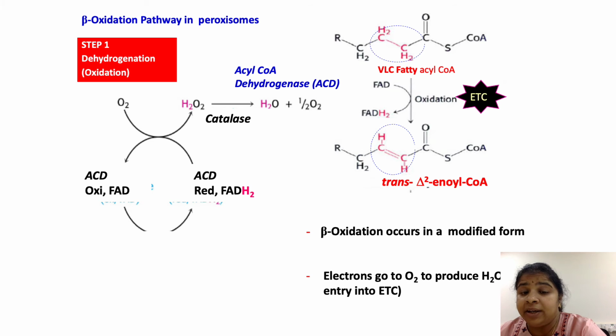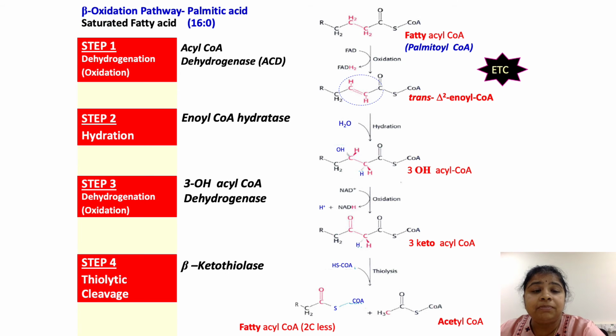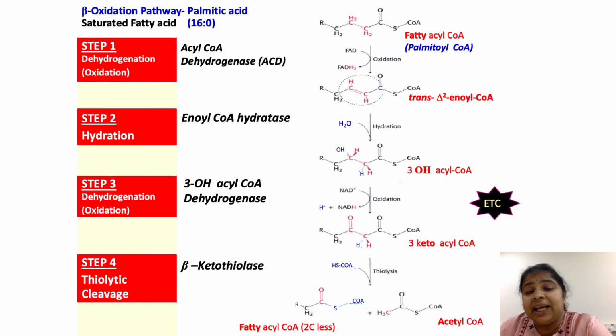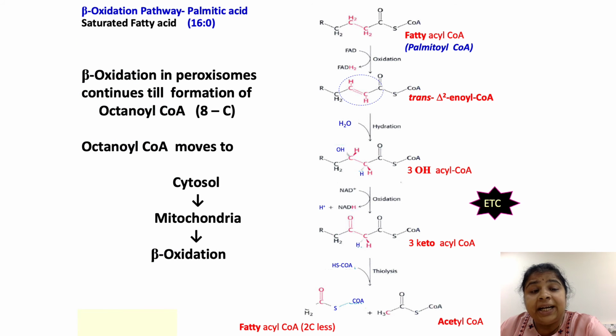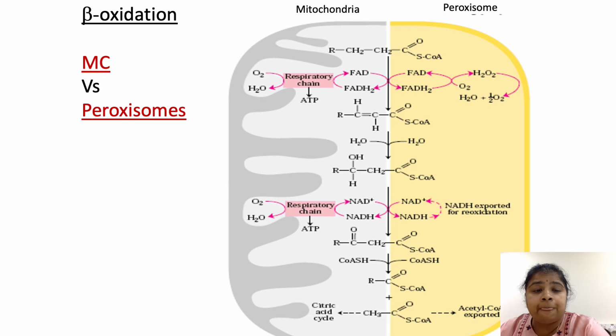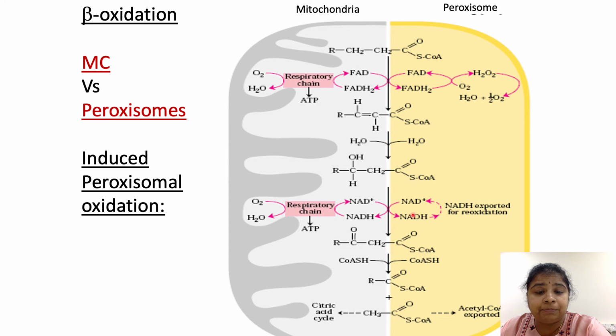So, there is no energy that can be produced in the peroxisomes. Next, even the NAD that is getting reduced to NADH will get re-exported and then oxidized and transported back to peroxisomes. So, there is less energy that is going to be formed in the peroxisomes.